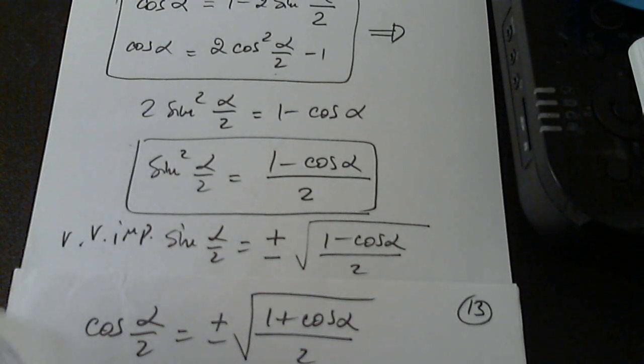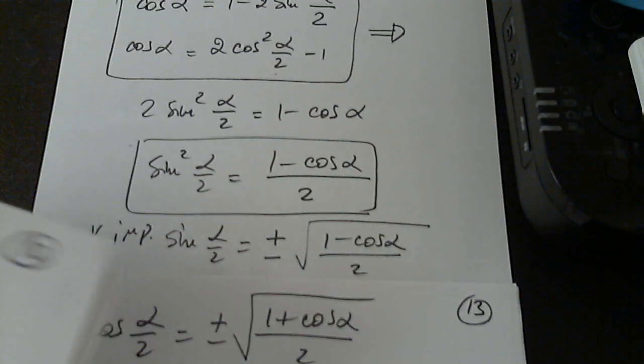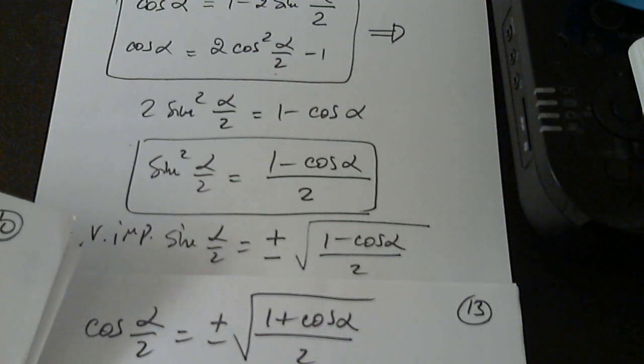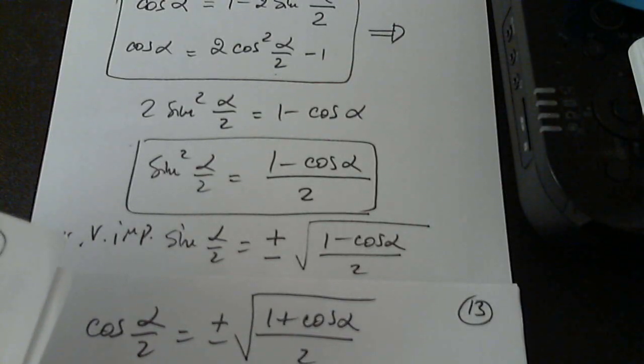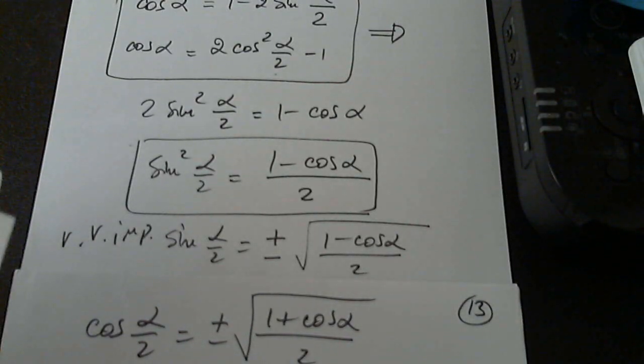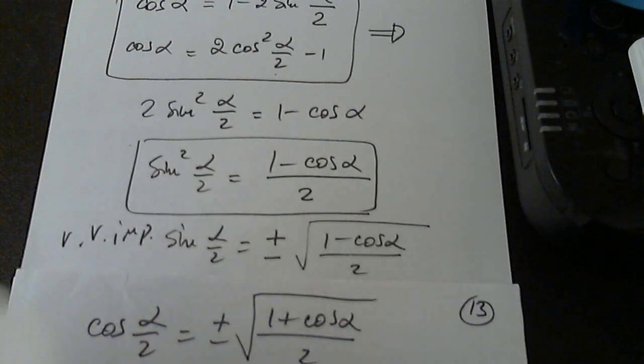What did we have? We had sine theta is -1 over the square root of 5. We had cosine theta is -2 over the square root of 5. Perfect. So this was from our previous calculations.